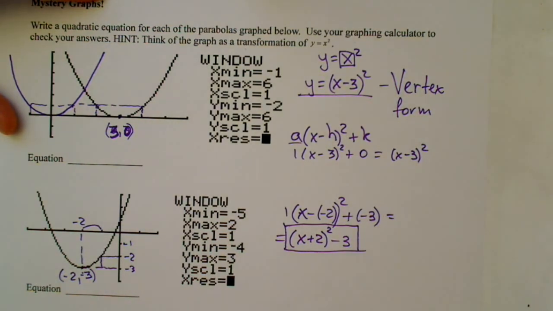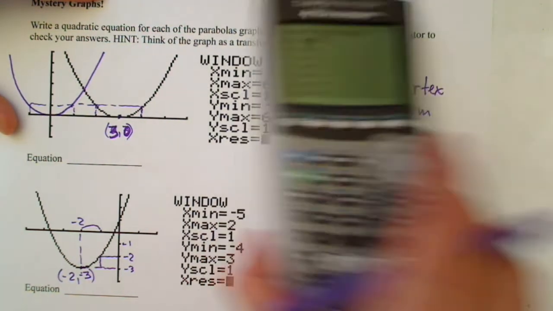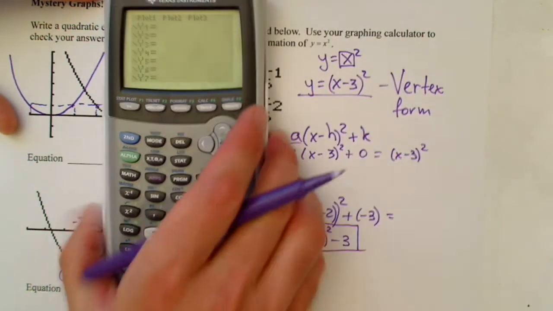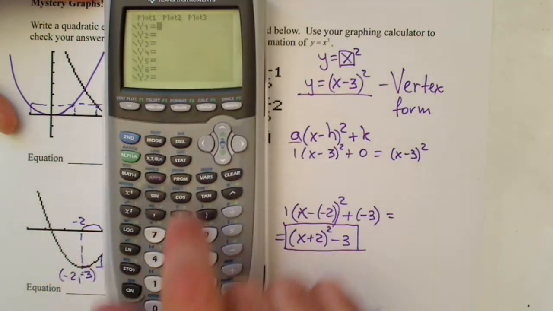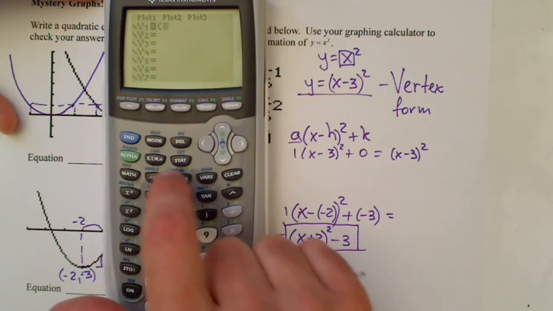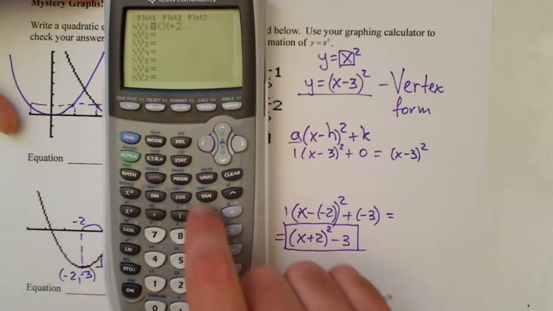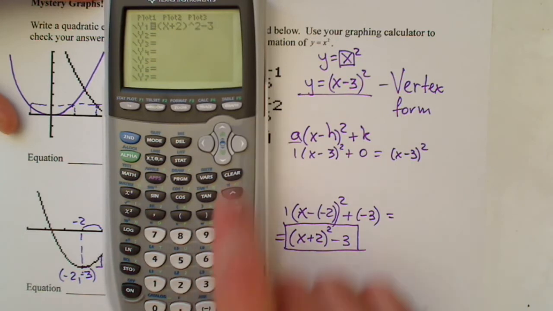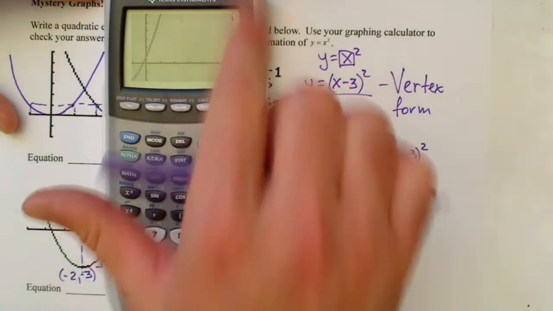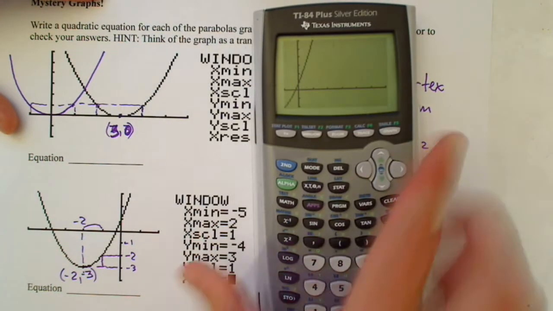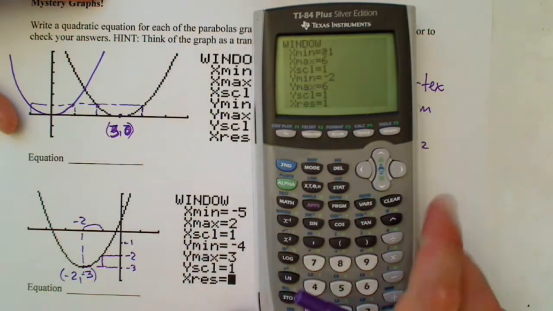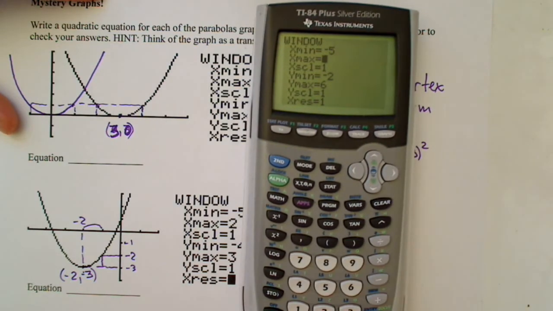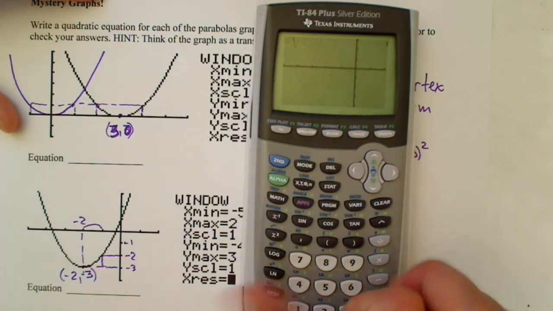If we plug into our calculator y equals (x plus 2) squared minus 3 and graph it, we can see it on the side. Now again we should change to the given window: -5, 2, scale 1, -4, 3, scale 1, graph.